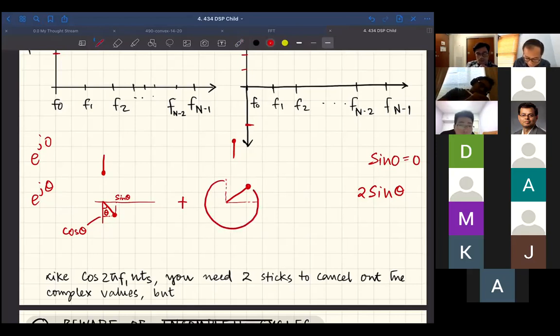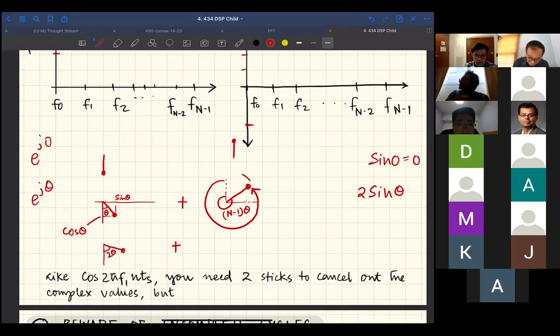This is n minus 1 theta. Make sense? What is the next one? 2 theta. Where would the second stick, the faster stick, land?